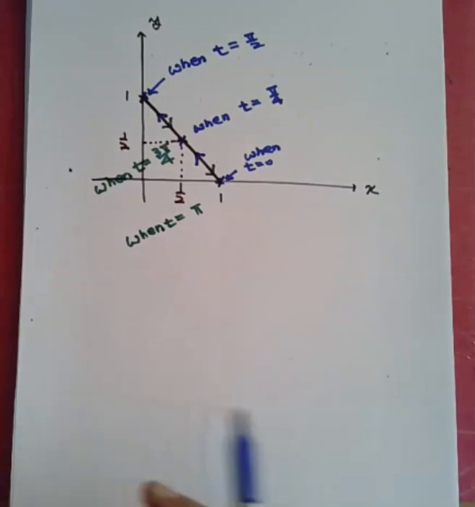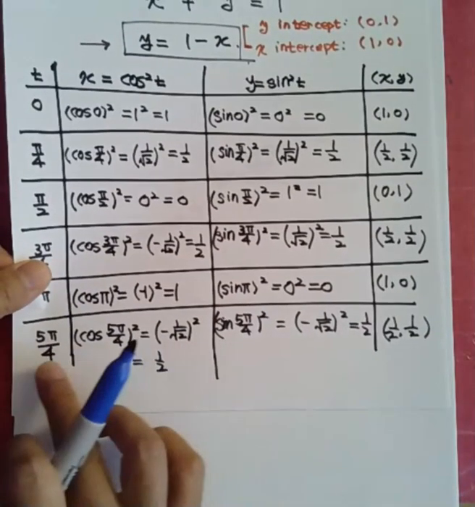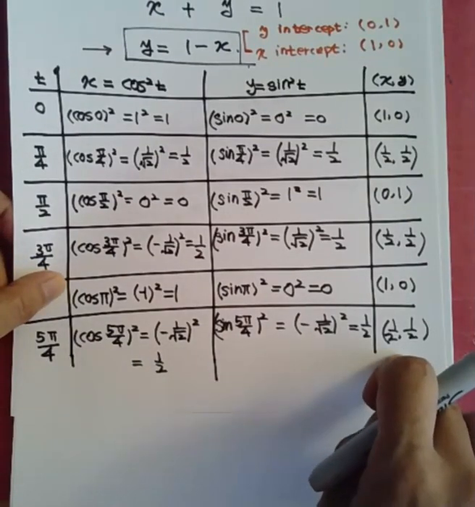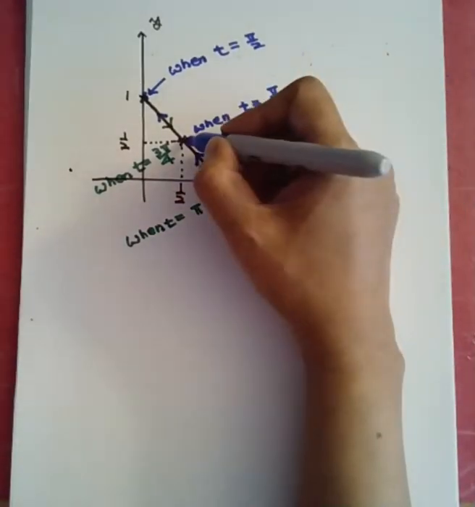When t is 5 pi over 4, we start to move the other way, and we go toward this direction and eventually reach it here.